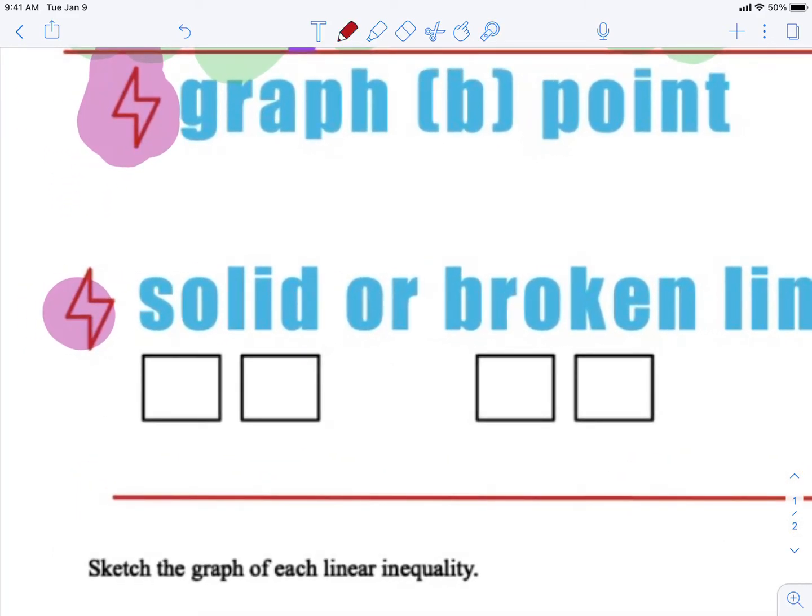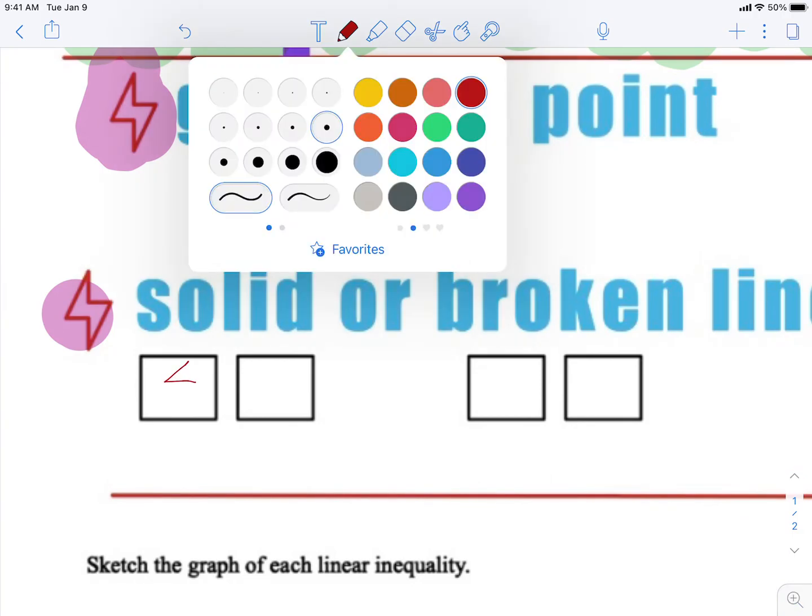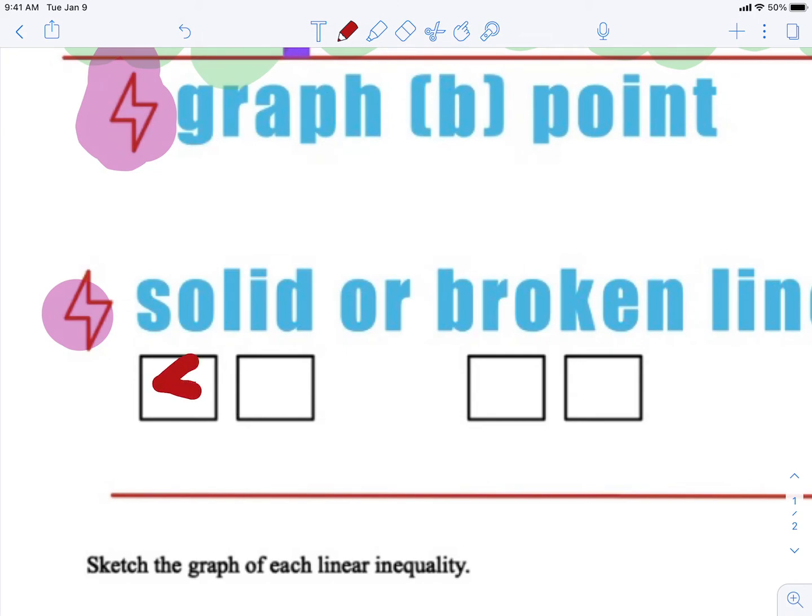The way we do that is, any inequality that has the equal sign is going to be a solid line. So it could be the other way, greater than, solid line, because we have equal. If it says equal to, this says less than or equal to, it is going to be a solid line. Greater than or equal to is going to be a solid line.